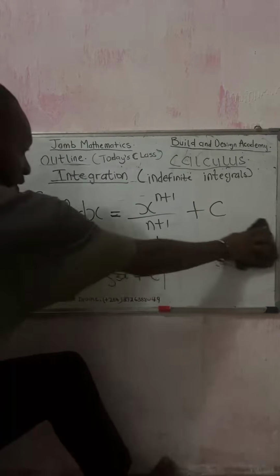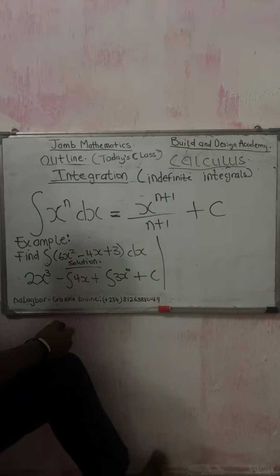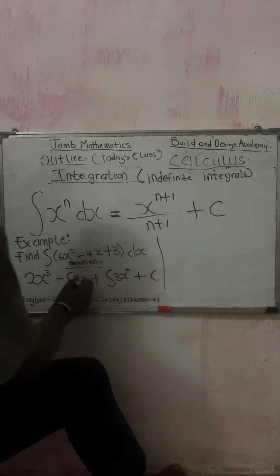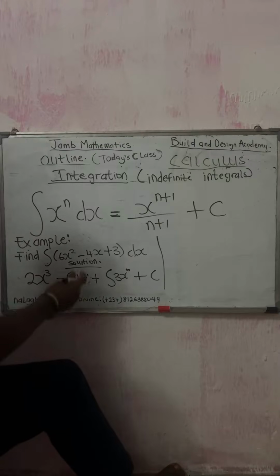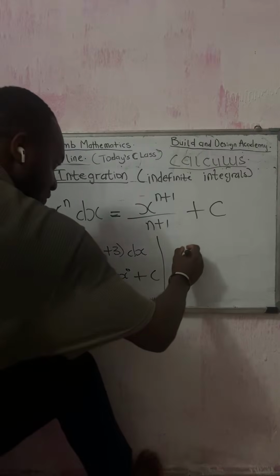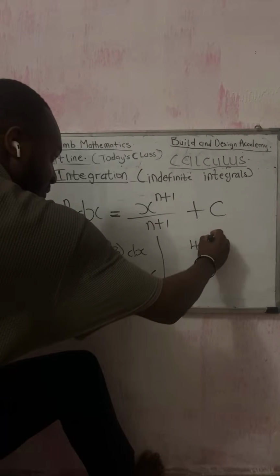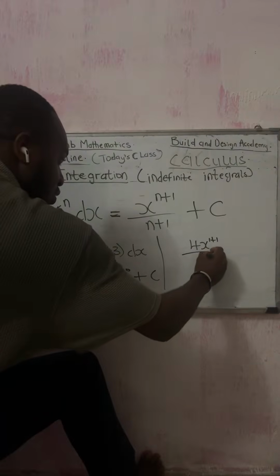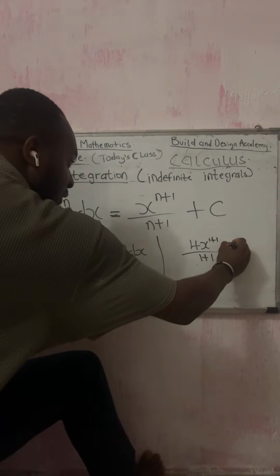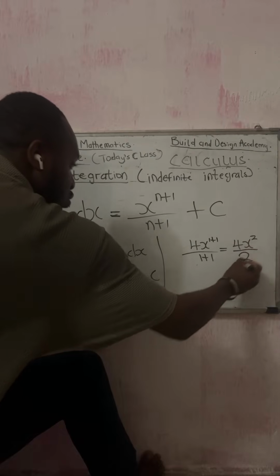Now let's move to the next one. If we integrate 4x, the power of x here is 1. x to the power 1 is the same thing as x, so take note of that. So we have 4x raised to the power n plus 1, that's 1 plus 1, all over n plus 1, which gives us 4x squared all over 2.